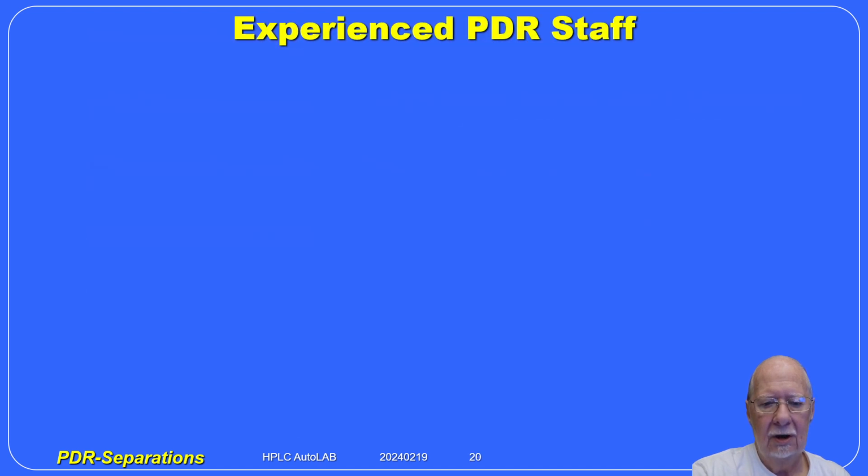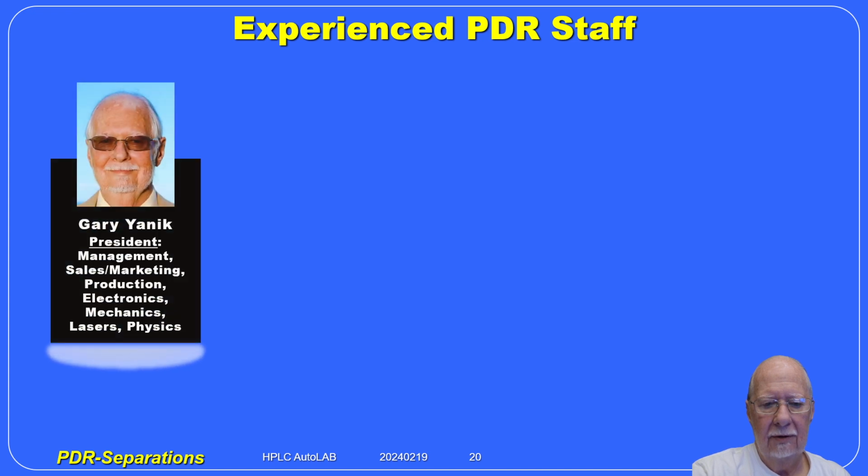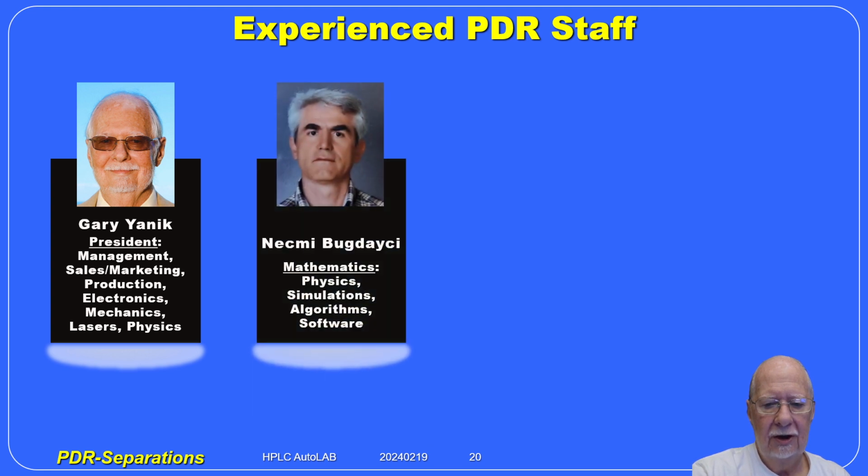Experienced PDR staff. Gary Yannick is president, experienced with management, sales and marketing, production, electronics, mechanics, lasers, physics, etc. Nezmi Bugdasi is a world-class mathematician, experienced with physics, simulations, algorithms, and software.